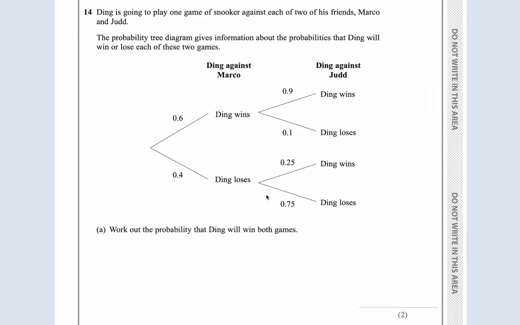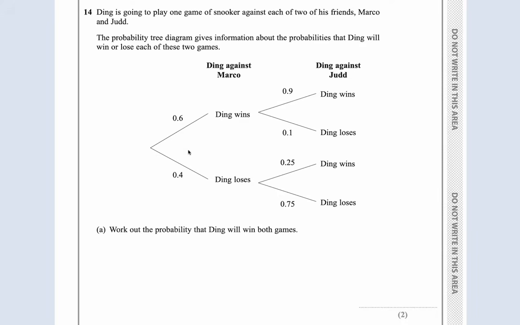Okay, 14. Ding is going to play one game of snooker against two of his friends, Marco and Jude. Probability tree is here. It gives information about the probabilities that Ding will win or lose each of the two games. Work out the probability that he wins both games. Tree diagrams, guys, I like because you just go along the branches.